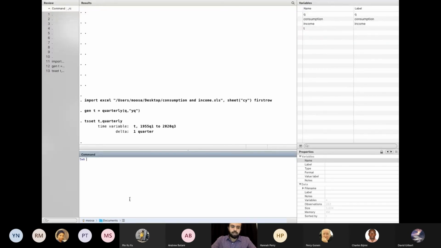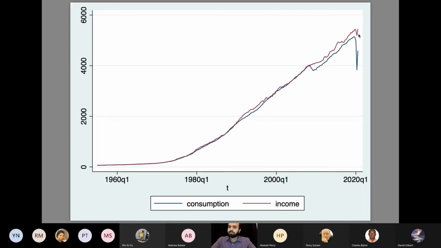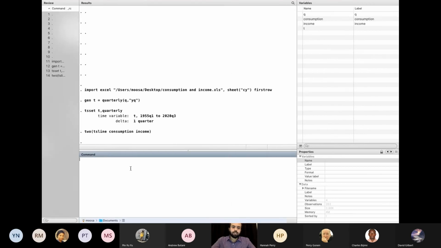All right, let's have a look at how our data can be displayed. We have consumption and income. And by the looks of it, both of these are non-stationary. So they are not white noise. But just to confirm that, we can quickly conduct a Dickey-Fuller test for consumption.